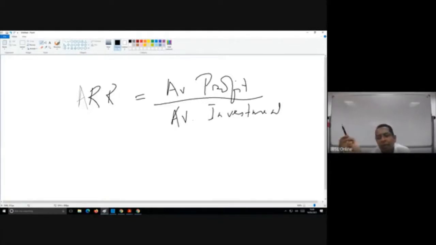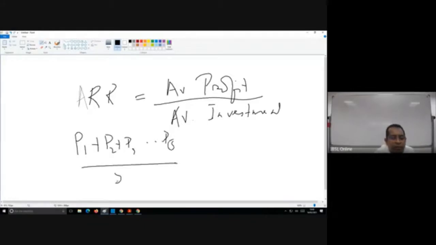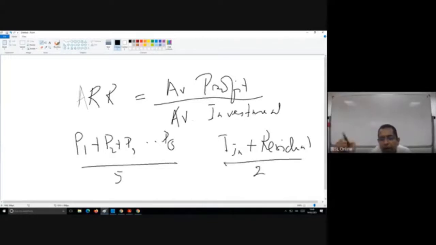Average profit, if we have a 5-year project life, is P1, P2, P3, like that, P5 divided by 5. Average investment is initial investment plus residual value divided by 2. So this is the accounting rate of return: average profit divided by average investment.